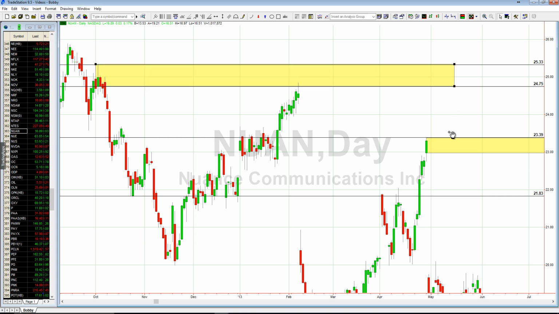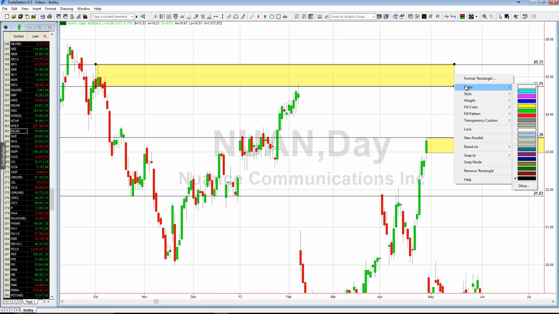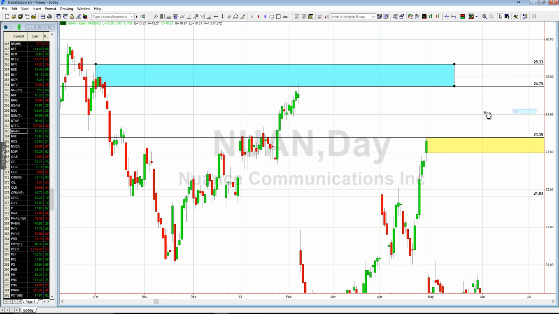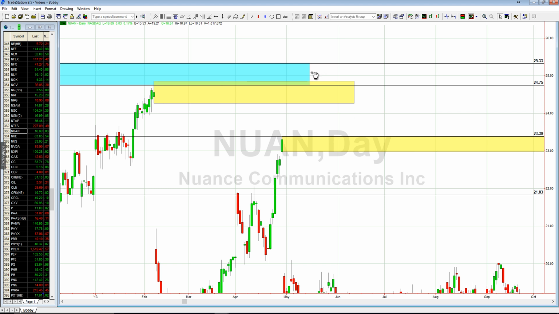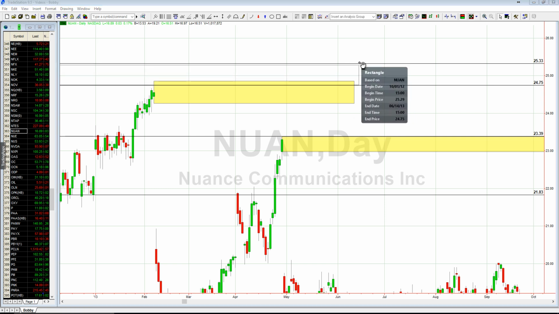And actually on this, I would probably plot this like this. And then, just for kicks, I might go ahead and put this in like this because it was such a huge move down. But that at least tells me that when price comes back up to there, I know what I'm doing.